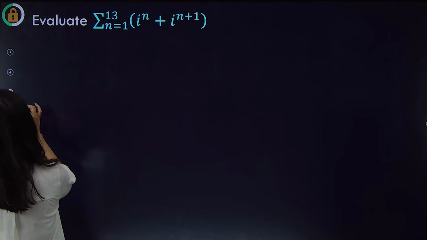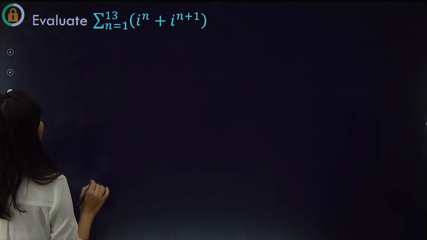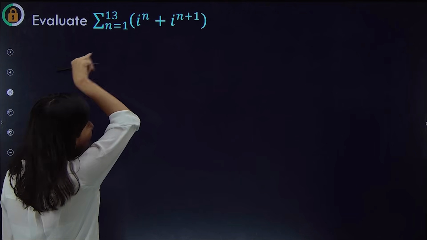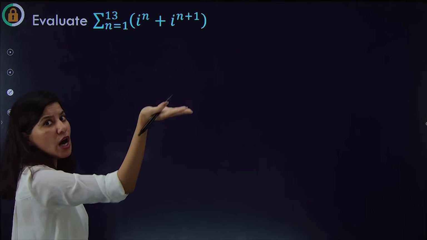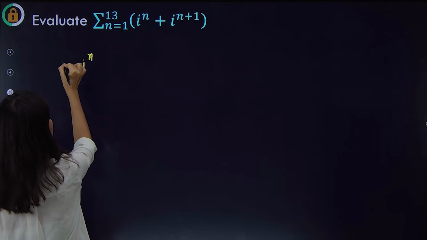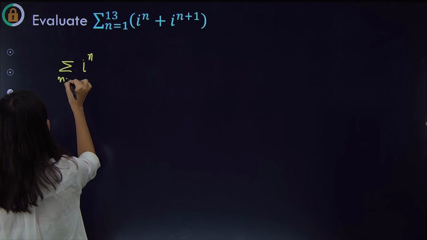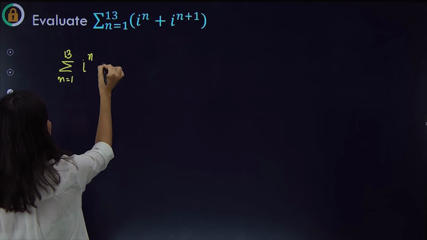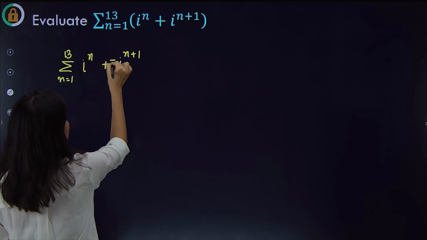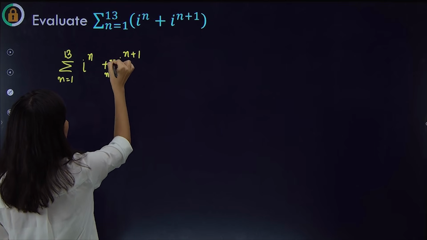Okay. So as per the question, they are saying sigma of iota power n plus iota power n plus 1, n equals 1 to 13. Let's just first insert the sigma inside. You know how to deal with sigma. The very first thing, iota power n, sigma n equals 1 to 13, plus iota power n plus 1, and again sigma n equals 1 to 13.